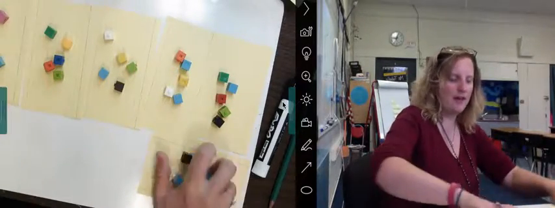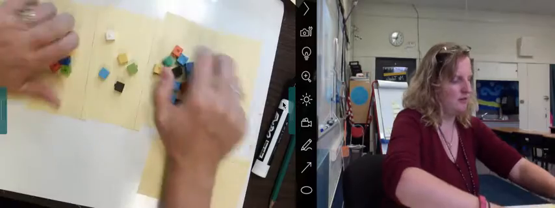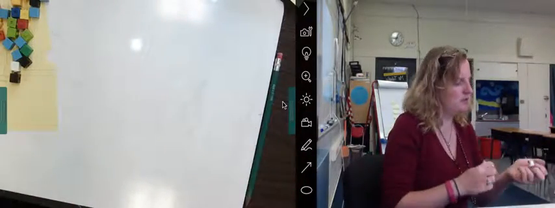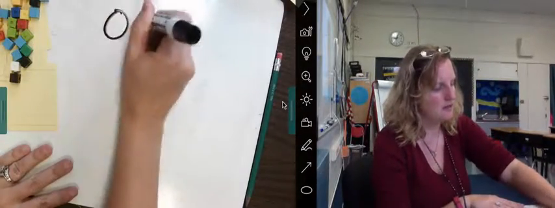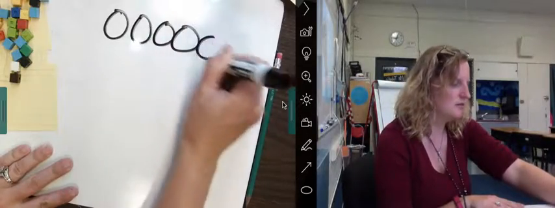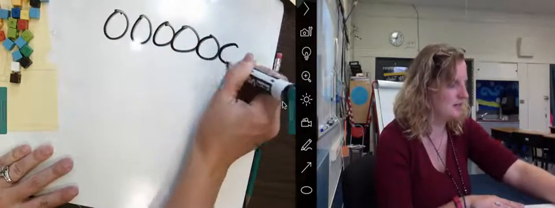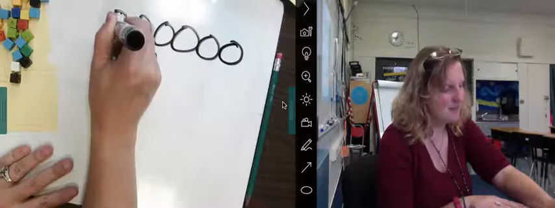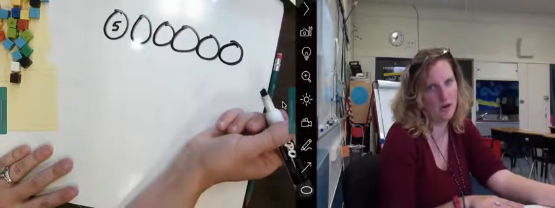Once I'm done with that, I'm going to move all these aside, and on my board, I'm going to write my multiplication problem. And I can even draw out a picture to say I had 6 nests, 1, 2, 3, 4, 5, 6 nests, 5 eggs. I like to take the shortcut instead of drawing everything out.